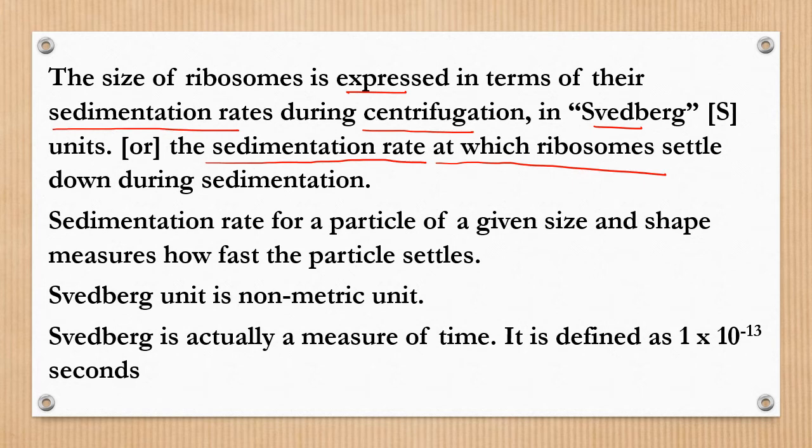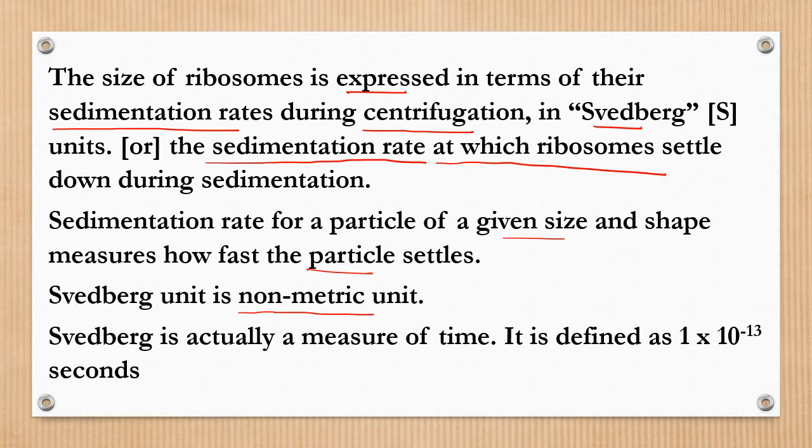So the sedimentation rate for a particle of a given size and shape measures how fast the particles settle, that means within how much time they settle. Now, this Svedberg unit is a non-metric unit.